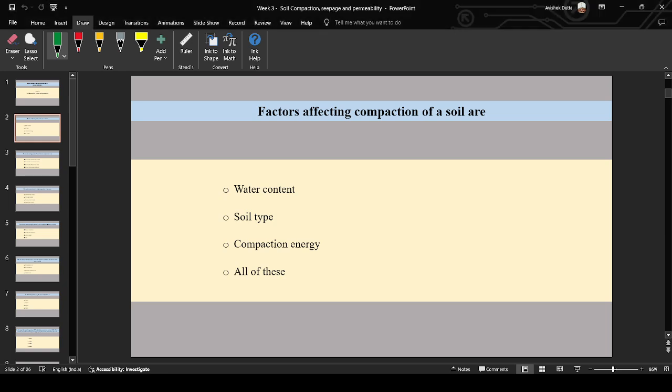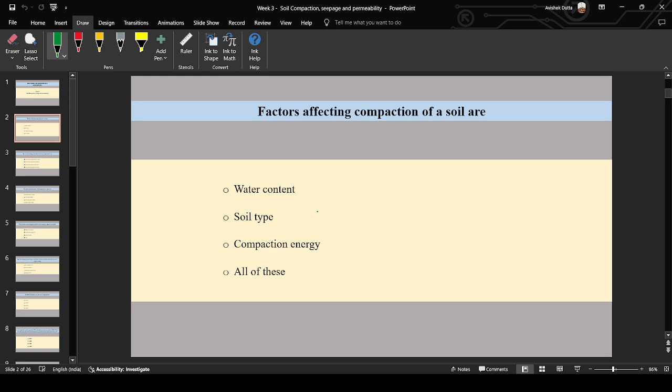Okay, so here we all know that moisture content, water content is an essential parameter for compacting a soil. Soil type, yes, compaction of the soil depends on the type of soil being compacted, and definitely the compaction of the soil depends on the compaction energy.